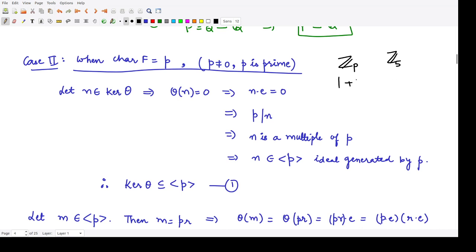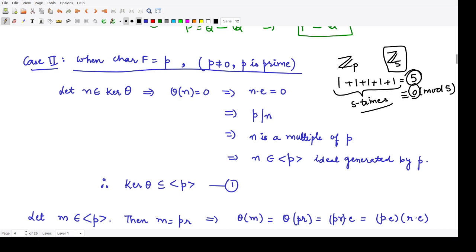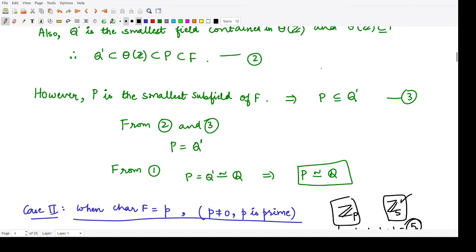When you add 1 five times, you would have 5, and this is nothing but 0 mod 5, because we are in integers mod 5. So when you add 1 five times, you have 0 as the final answer. So this 0 represents that 5 is the characteristic for Z5. So p is the characteristic for Zp. This is what we already know.